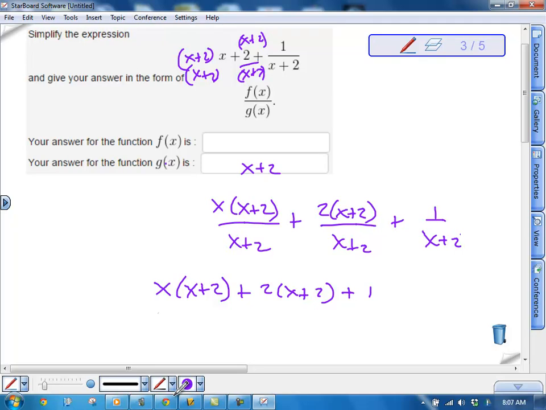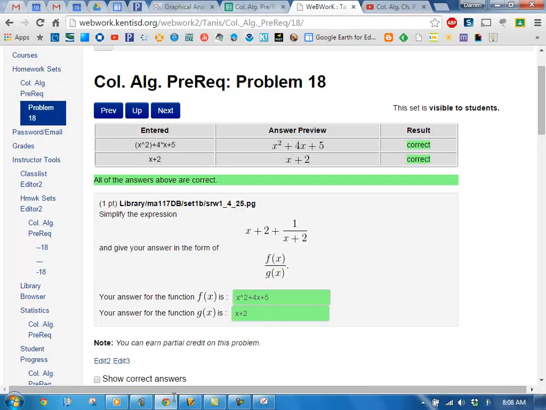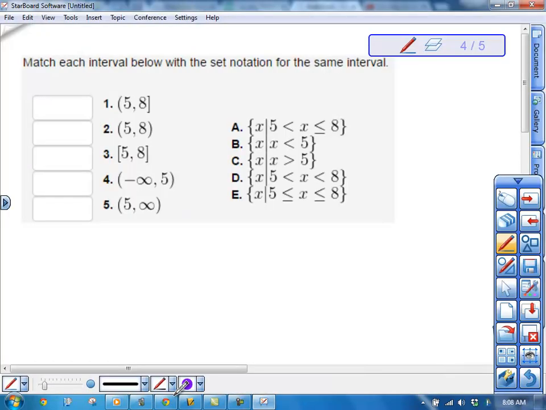If you do that, you'll get x squared plus 2x plus 2x plus 4 plus 1, which simplifies to x squared plus 4x plus 5. So I'm going to try entering that in. Yeah, that works.